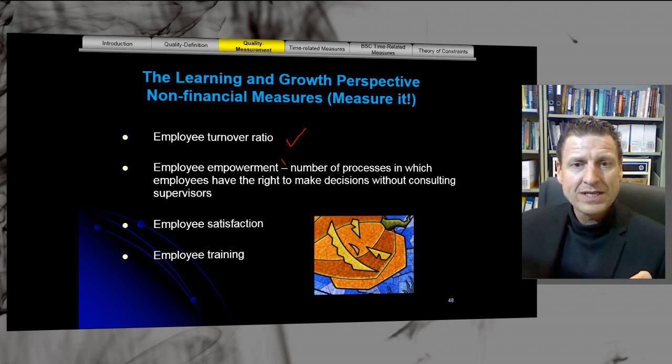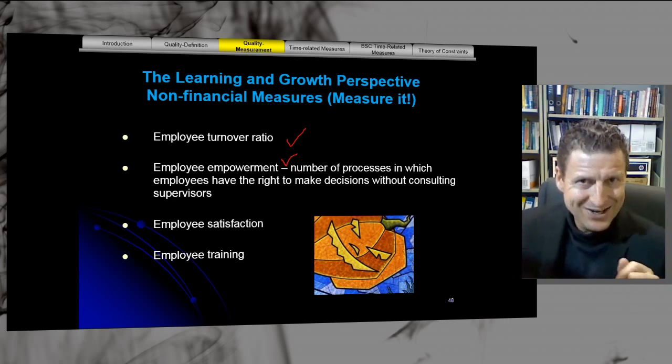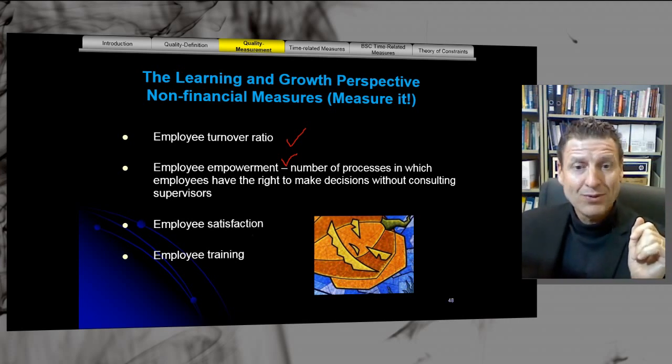Employee empowerment, this gets back to employee value propositions, part of the culture you want to develop. You want to get their discretionary behavior on top of their physical presence in the organization. Employee satisfaction, very important. Customers will notice this too. Employee training, these are all aspects of employee development.